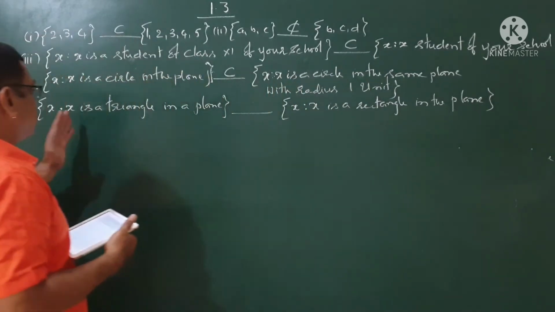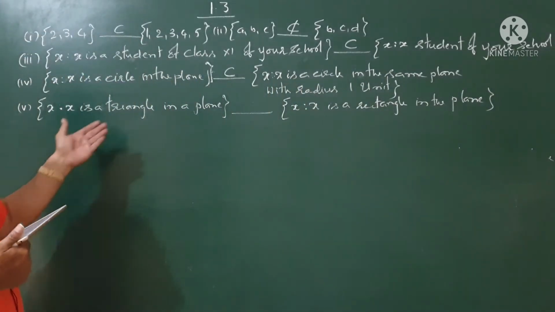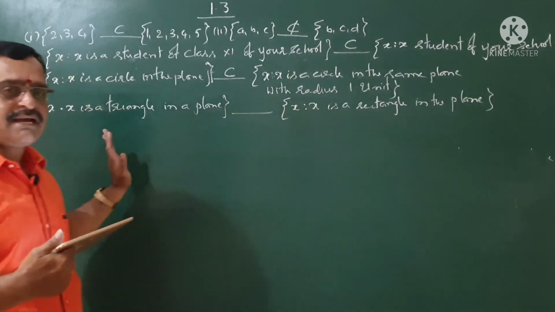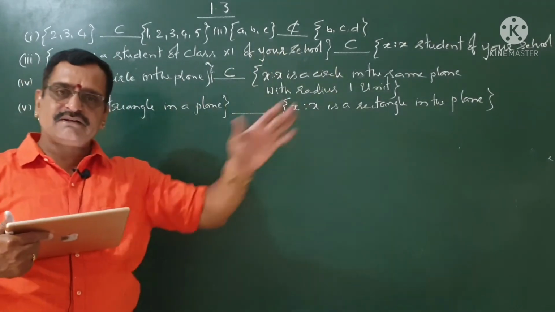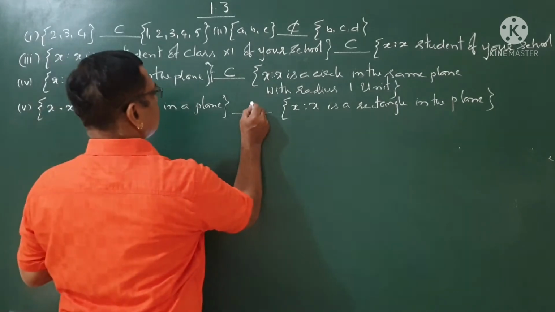The first set is the set of triangles, the second set is the set of rectangles. A triangle set cannot be a subset of rectangles, therefore the first set is not a subset.